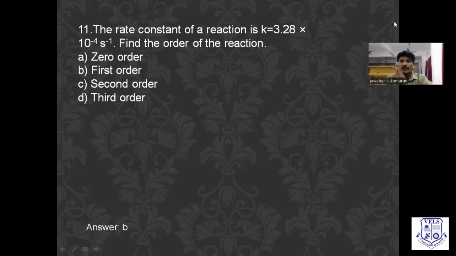Because the general formula for the unit of rate constant K is mole to the power 1 minus n, L to the power n minus 1, S minus 1, where n is the order of the reaction. The value of n must be 1 for S minus 1. Therefore K equal to 3.28 into 10 power minus 4 S minus 1 represents a first order reaction. B is the correct answer.